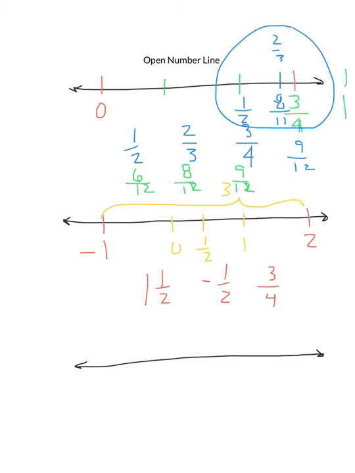So then I'm going to go back and say, where does everything else fit? Well, here's where my 3/4 fits. Here's where my 1/2 fits. And here's where my -1/2 fits.